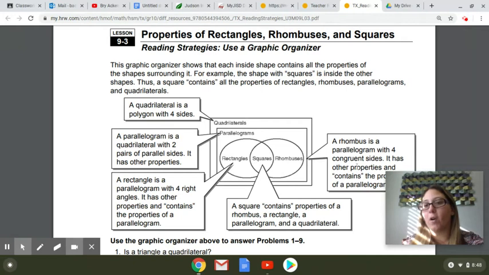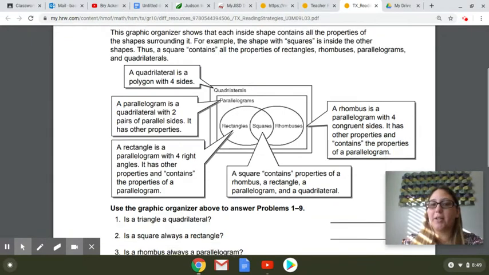However, all four of its sides are equal. If you remember, a square, all four of its sides are equal. So again, a square is a rhombus. However, a square also has 90-degree angles like a rectangle. And so that's why this square is really important because it follows all the rules above. And so I really liked this graphic organizer that shows you all this, okay?